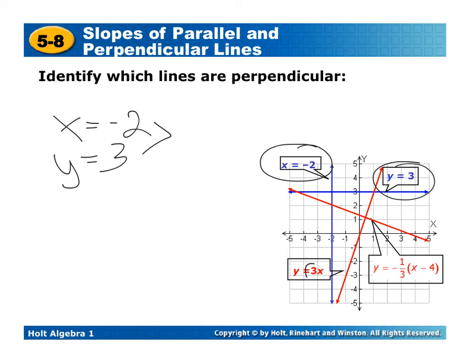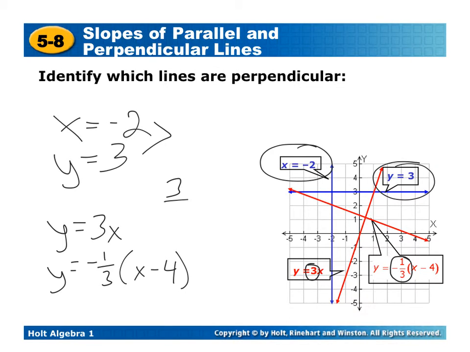On our other example, we have a slope of 3, so y equals 3x, and then over here, -1/3. So if we look, we have 3/1 times -1/3, which gives us -3/3, which is -1. So these two are also perpendicular.